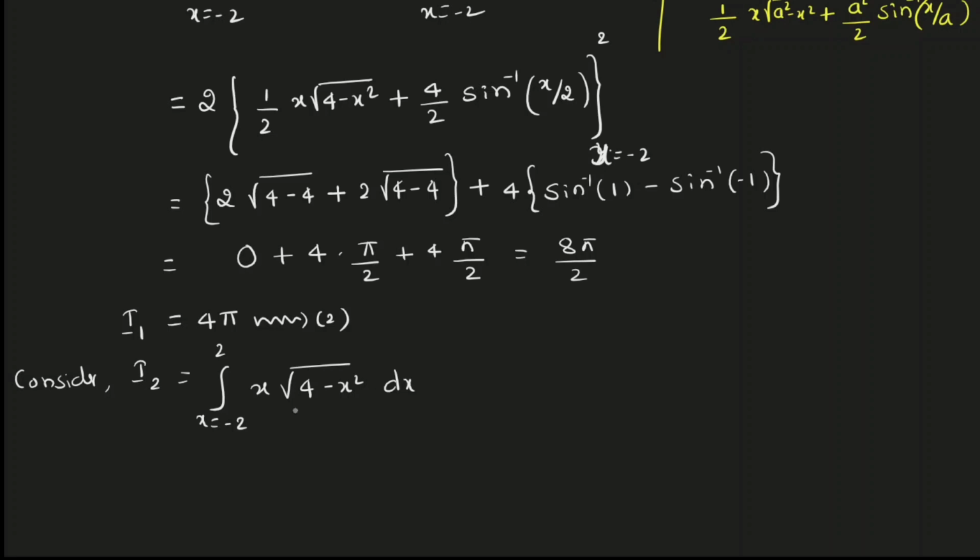We'll consider x as u and root 4 minus x square as v. So what happens then? First term as it is, u into integration of v. So integration of v is x square by 2, minus double integration of x cube by 6 into the differentiation of the first term, so it is minus 2x by 2 root 4 minus x square.